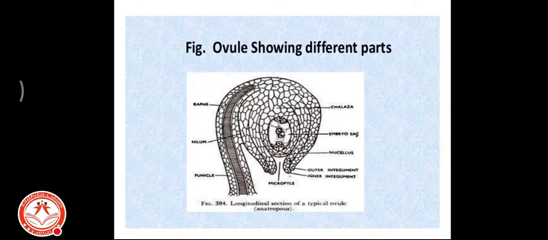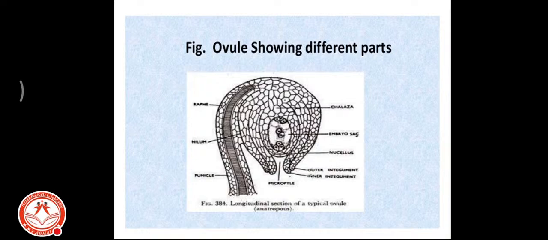The cells inner to the integument, the covering, it is bitegmic. In most of the dicots, ovules are bitegmic, meaning having two integuments, and monocotyledons are unitegmic, having only one integument.